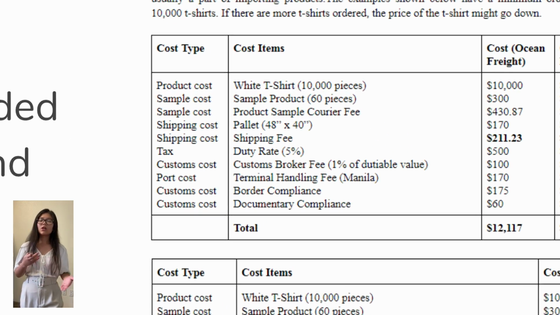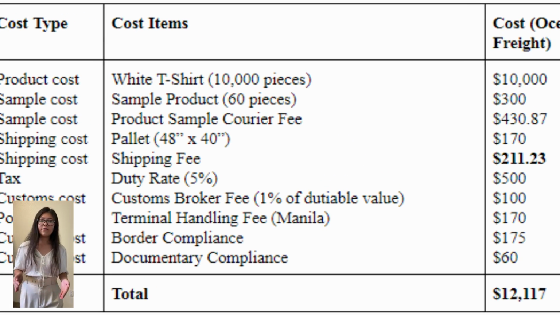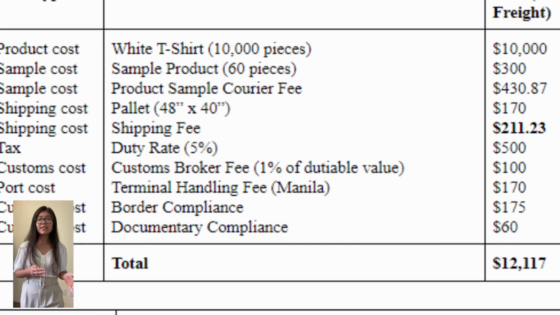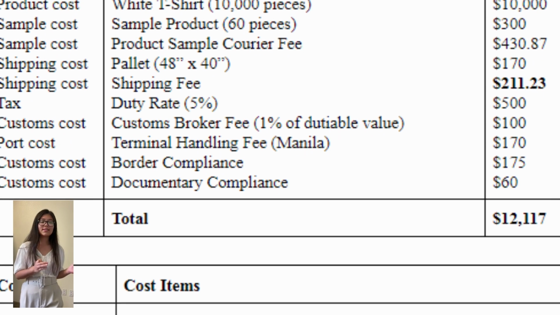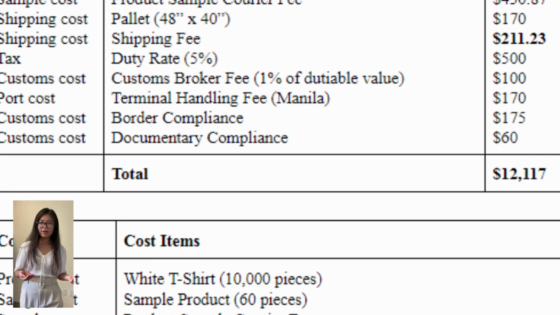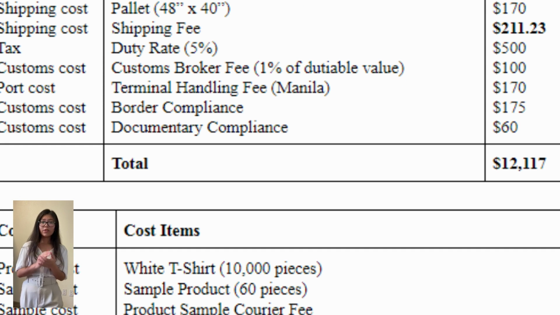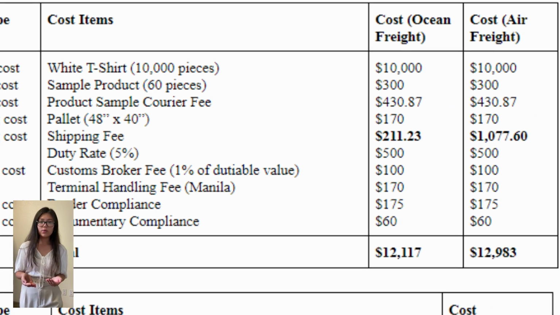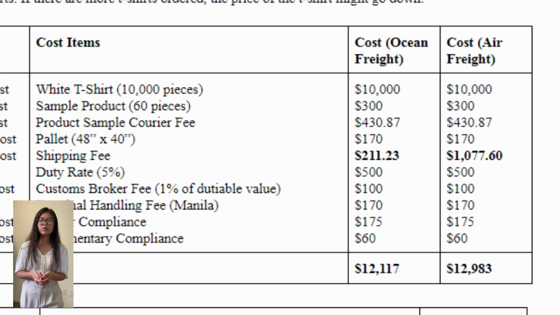The cost breakdown includes all the fees starting from sourcing of a product up until the delivery to the designated port or warehouse. For the users to get the most value, the manual also includes comparisons of quotes and entire cost breakdowns from different shipping companies.